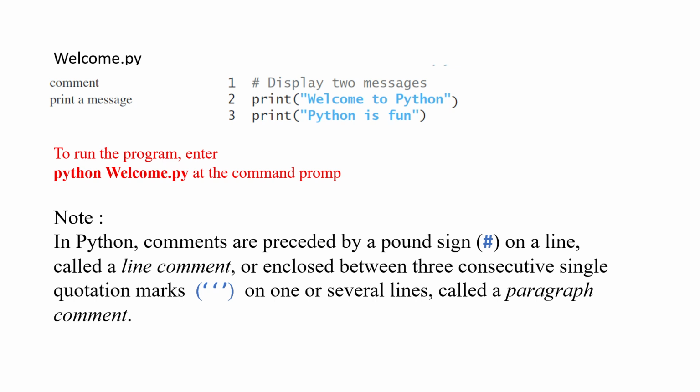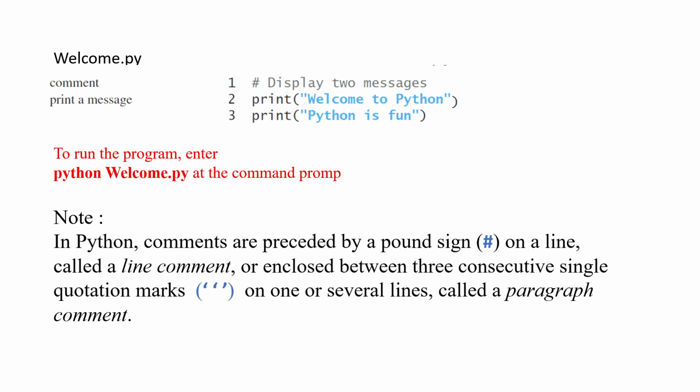All Python programs should end with the extension .py. This is the way to create a Python program: any name .py. So this is how to name Python programs. The hash or pound symbol indicates a comment line.